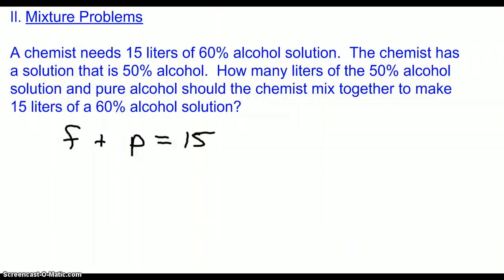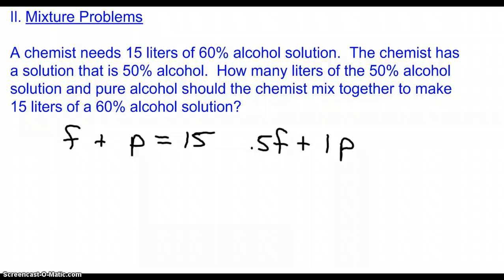Secondly, we know that the 50% solution is made of 50% alcohol. And what is 50% as a decimal? 0.5. And when the chemist adds 50% alcohol with the pure alcohol, which is pure alcohol, what percent is that? Oh, 100%. So let's put that in as a decimal. 100% would be just 1.